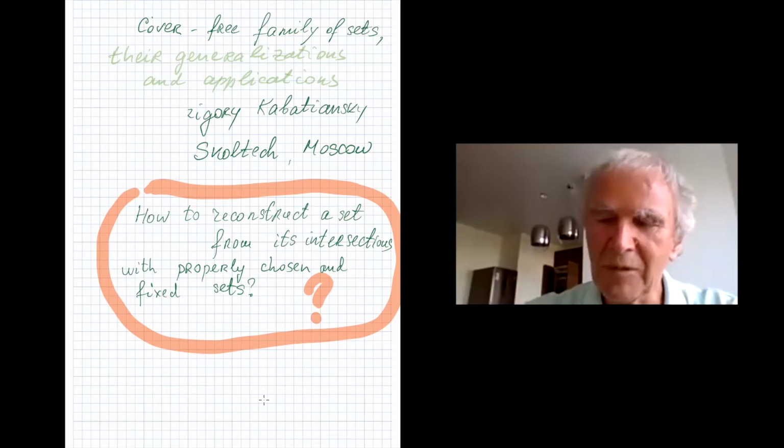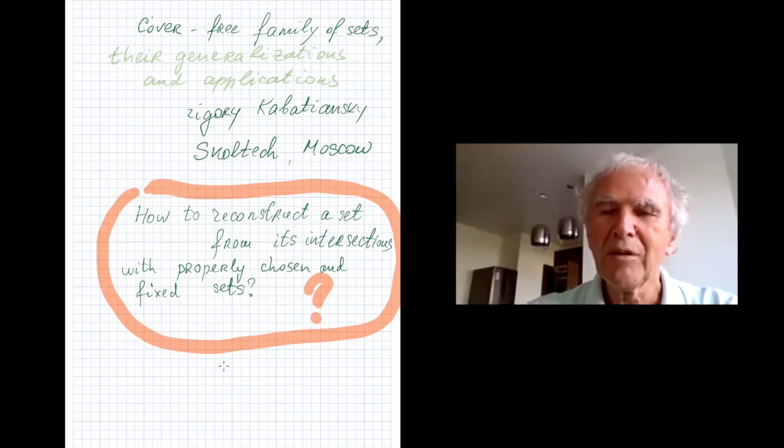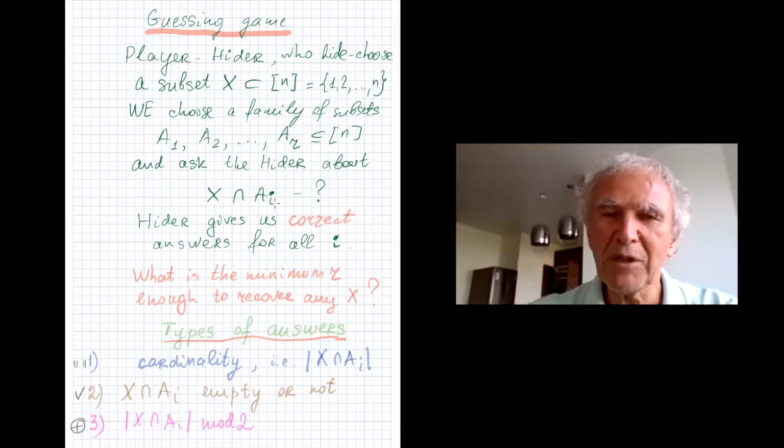Consider the following, in fact, known guessing game. There is a player, say a hider, who chooses and hides some subset X from an n-point set. And we want to find this X, and we can do it in the following way.